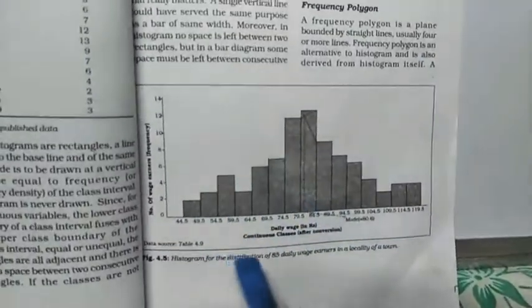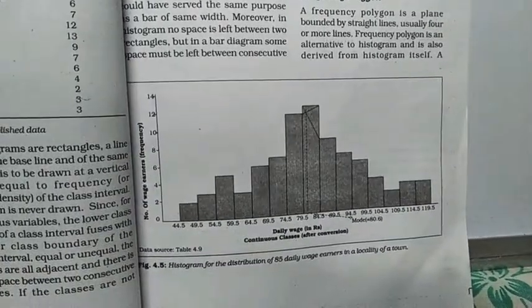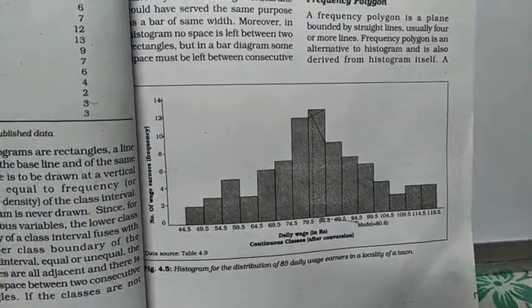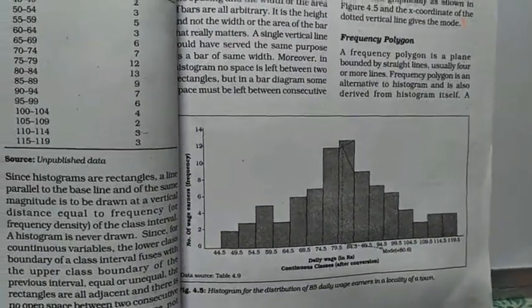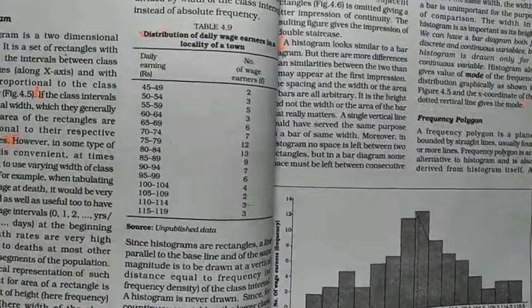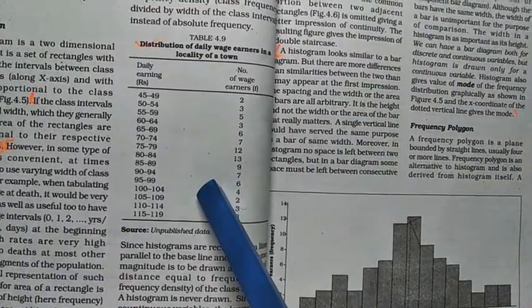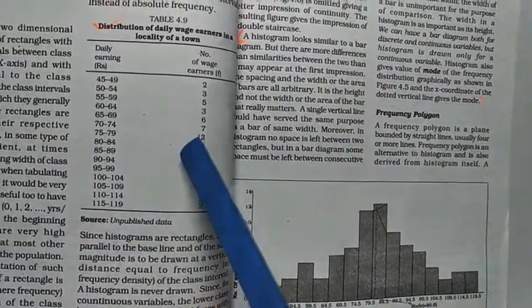So this is the example of a histogram. We are representing data in the form of a histogram, which is part of frequency diagram, from this table 4.9.